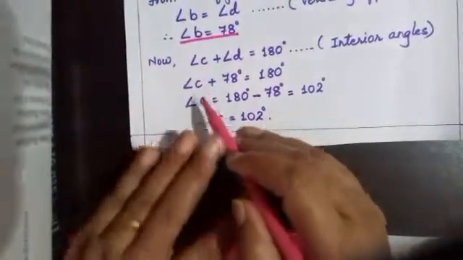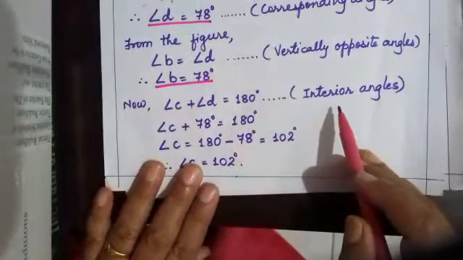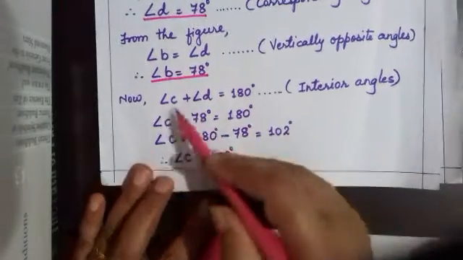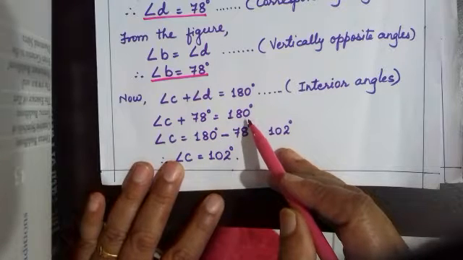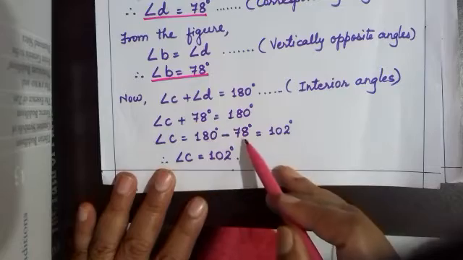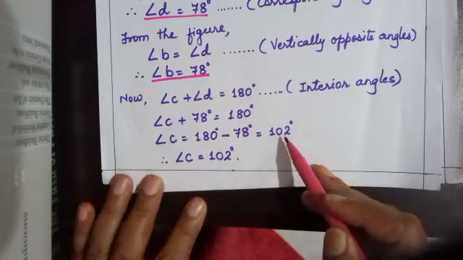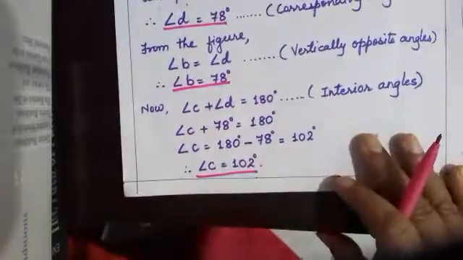So see here, angle C plus angle D is equal to 180 degrees because they are forming interior angles. So angle C plus angle D, which is 78 degrees, is equal to 180 degrees. Therefore angle C is equal to 180 minus 78, that is 102 degrees. So we got angle C is equal to 102 degrees.